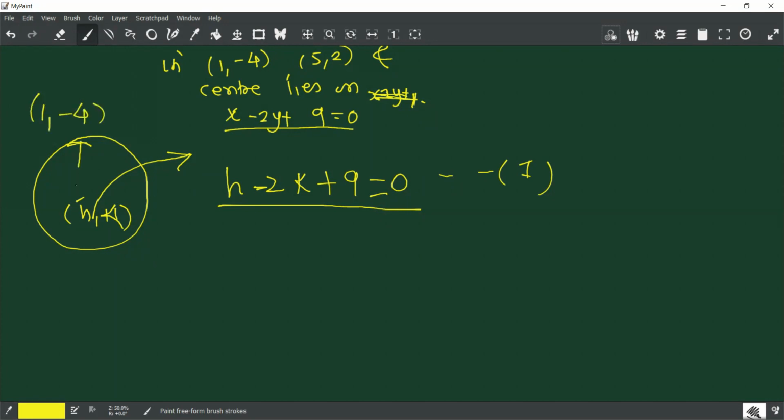So the distance between (h, k) and that point, and the distance between (h, k) and (5, 2), will be equal. तो एक distance formula से निकालो.